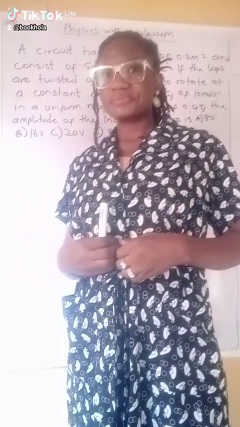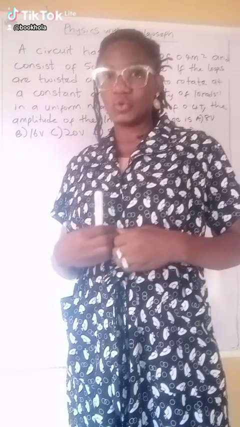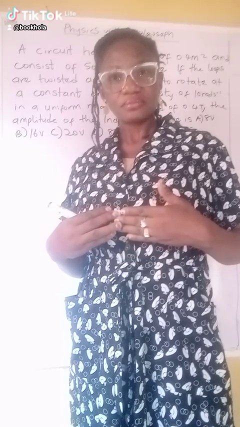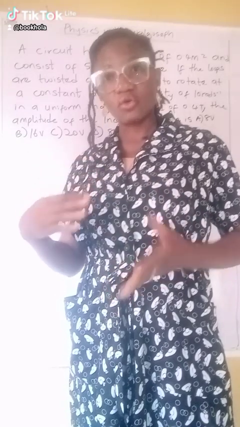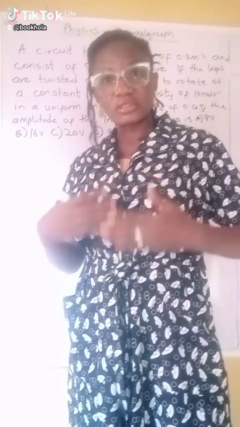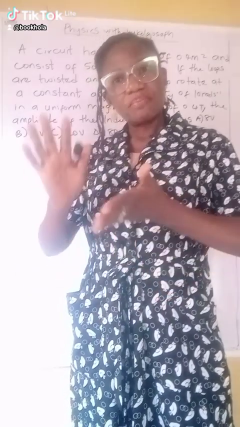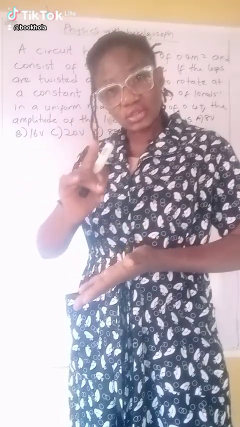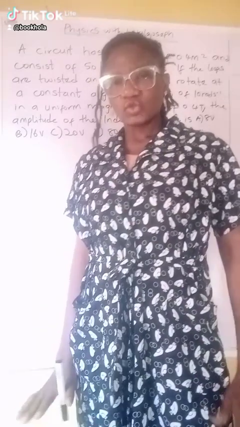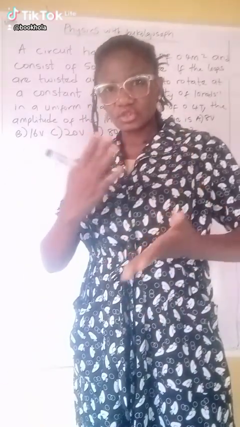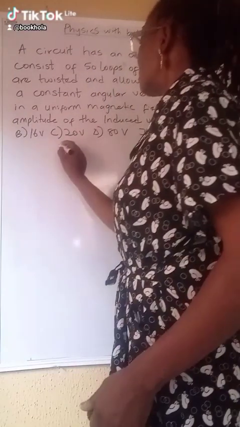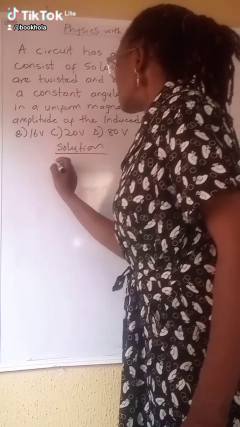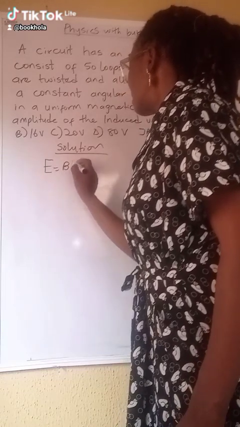If you have done this topic, you know that the induced electromotive force in a straight conductor of length L moving with a velocity v perpendicular to a field of magnetic induction B can be given by this formula: E is equal to BLV.